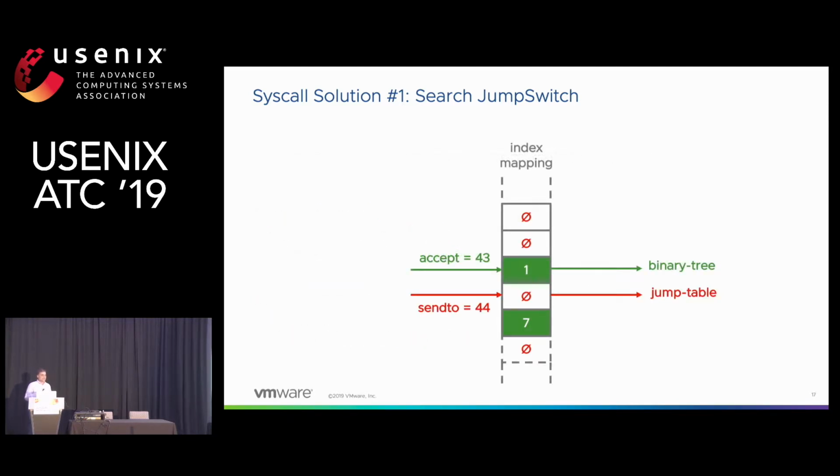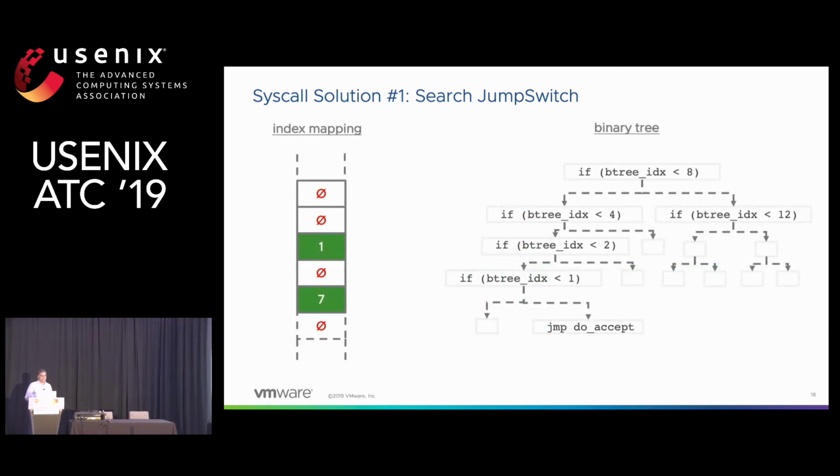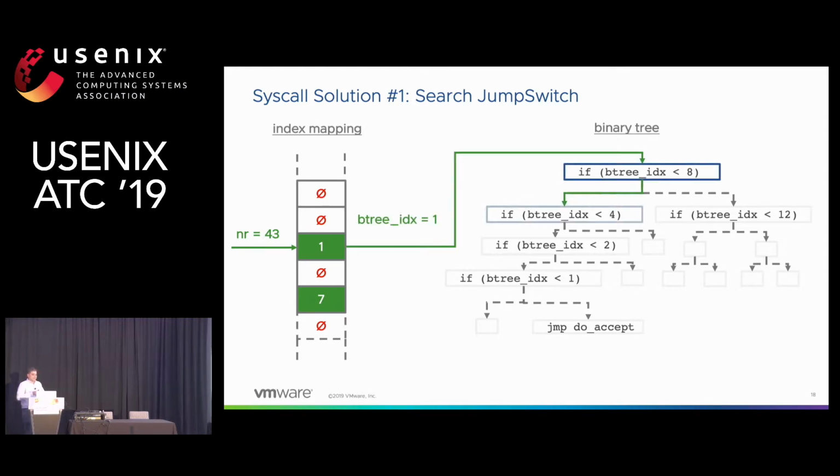So it looks pretty much like that. A system call like accept, for example, let's assume it's a frequent one, will go based on the index mapping to the binary tree, and another system call like sendto will go into the jump table. Eventually it works like that. We have the index mapping, and whenever we get an accept system call, we go through a binary tree, which is actually a piece of code that is laid out in memory.